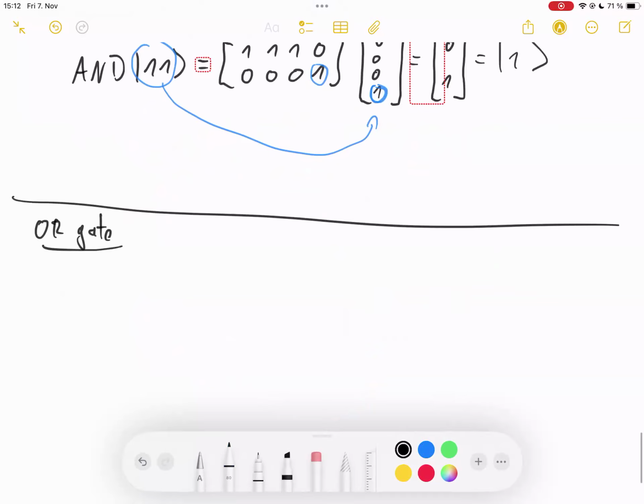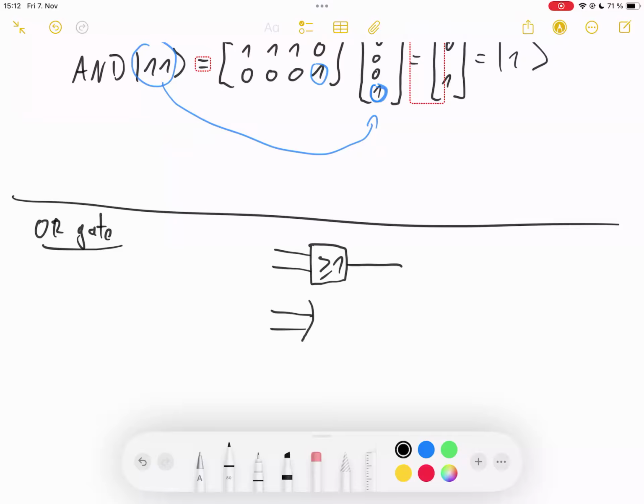And the OR gate, the European way, is sometimes written something like this as one example. The US notation is often denoted like this.